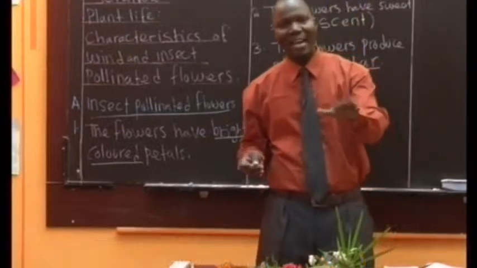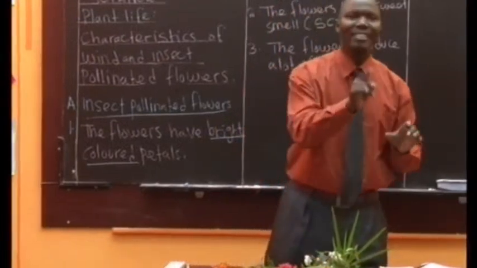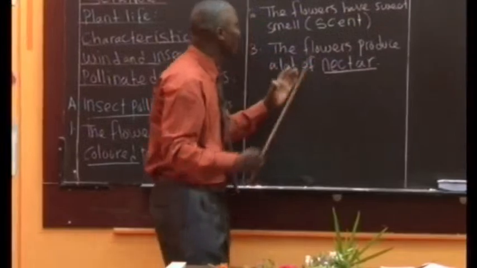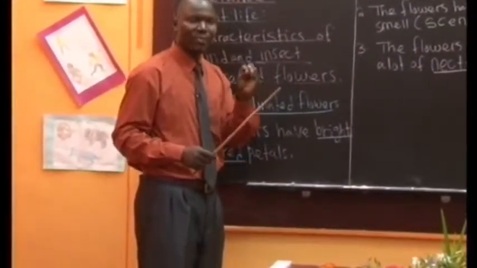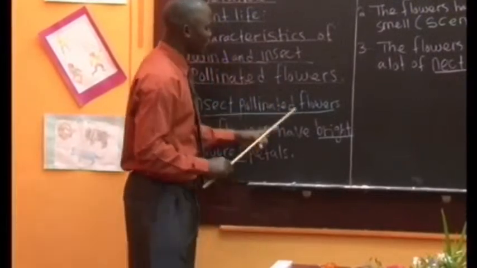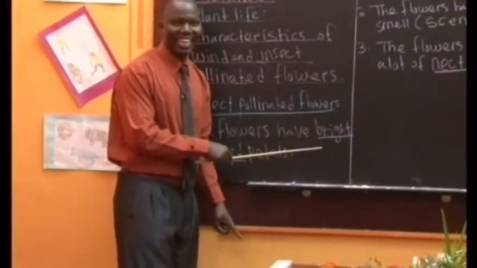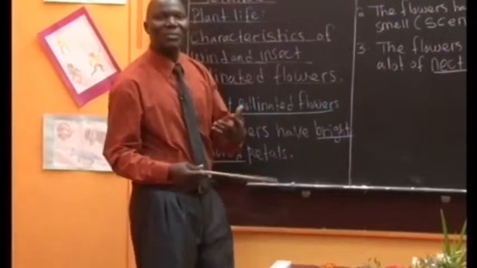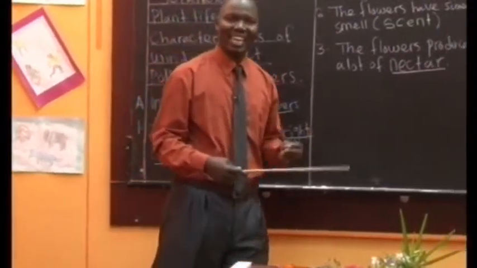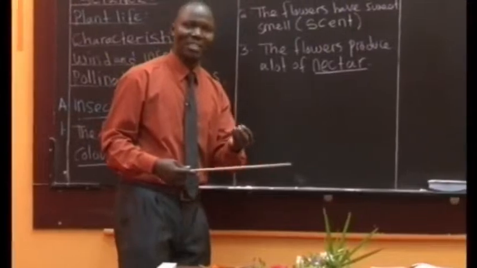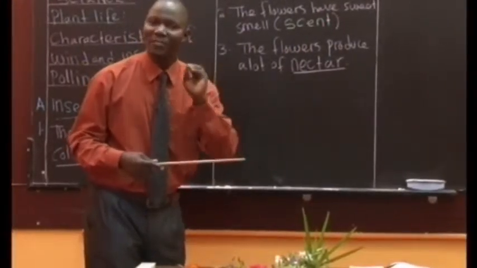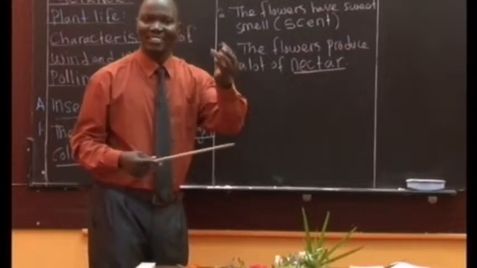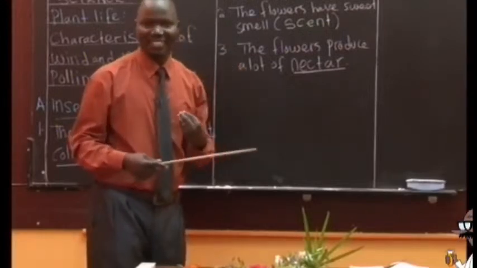If you have seen an insect falling on the flower, it's because the flower has very bright colors. Like you also, you would go for something which looks nice. Even insects go for those flowers that look nice, that have bright colors.